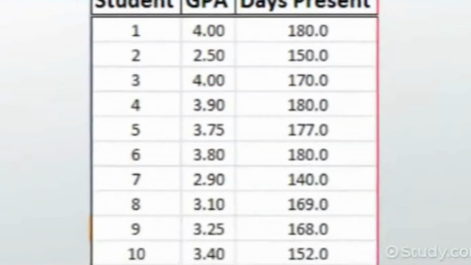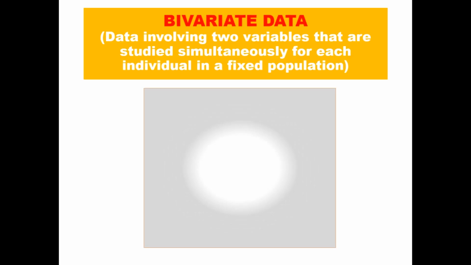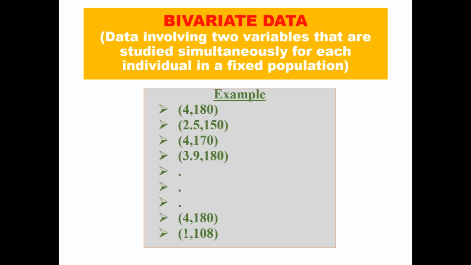The data of 15 students regarding their daily attendance and GPA score is shown. The data is a set of ordered pairs of numbers x1, y1, x2, y2, etc. x15, y15. This is a bivariate data set.